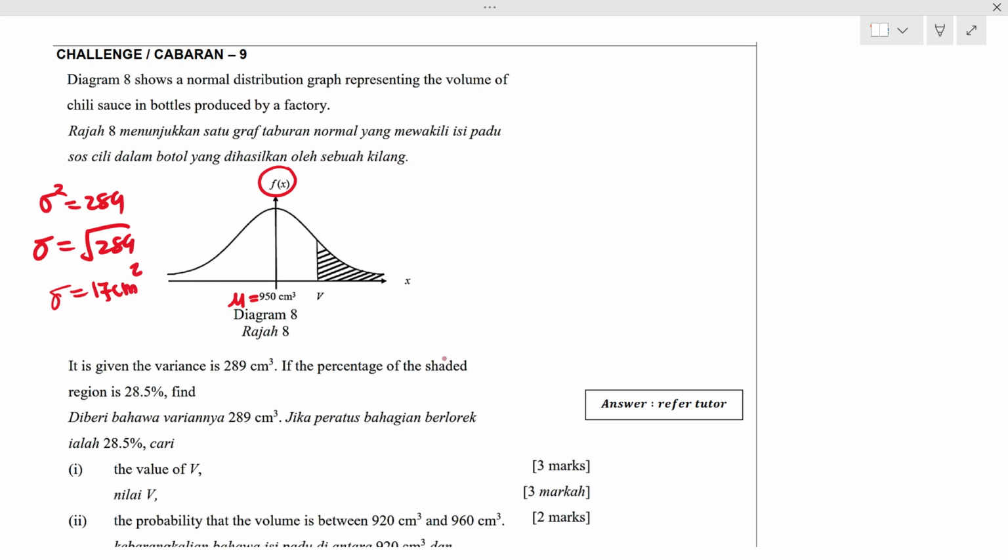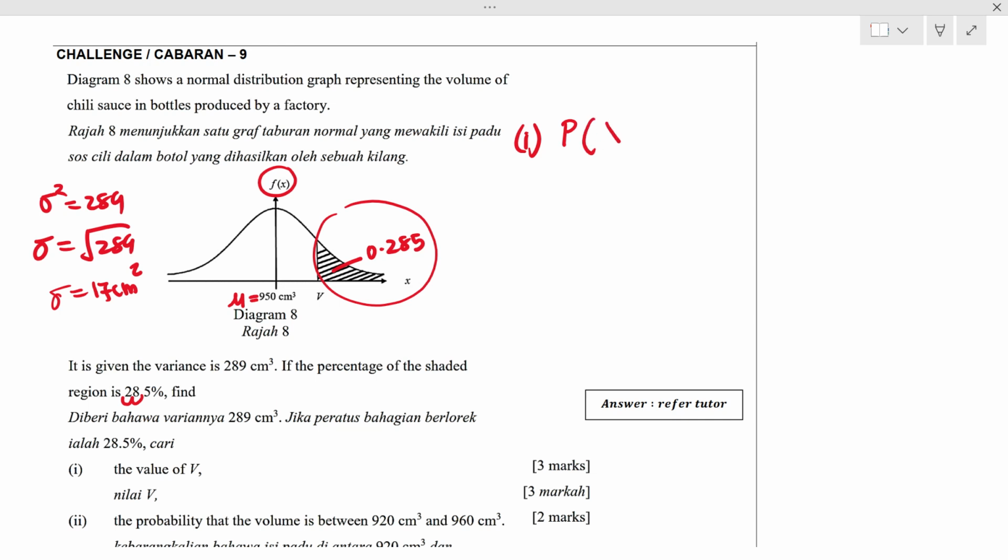The percentage of the shaded region is 28.5. But when you convert to probability, it is 0.285. Find the value of V. Simple je yang ni. First of all, you need to understand what this area represents. The area represents probability.